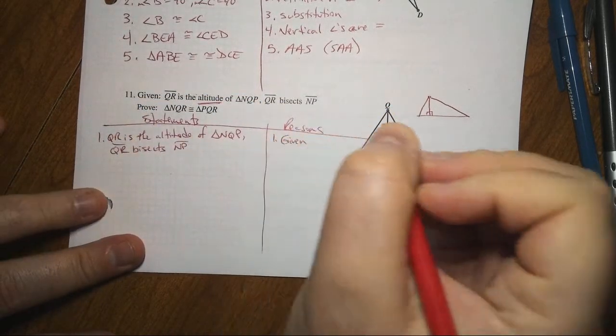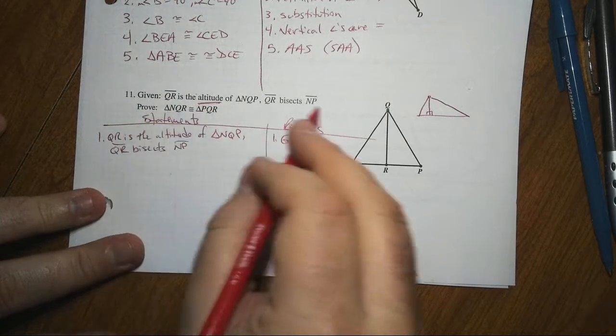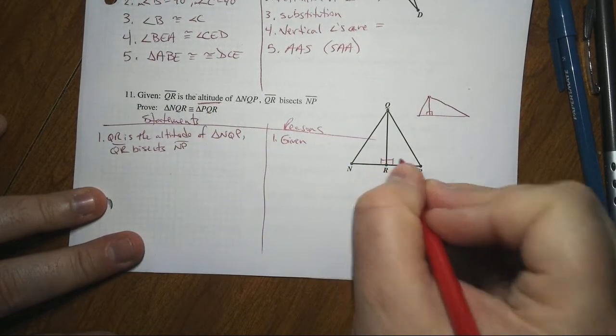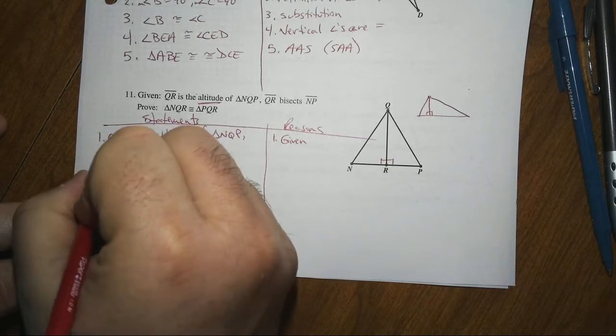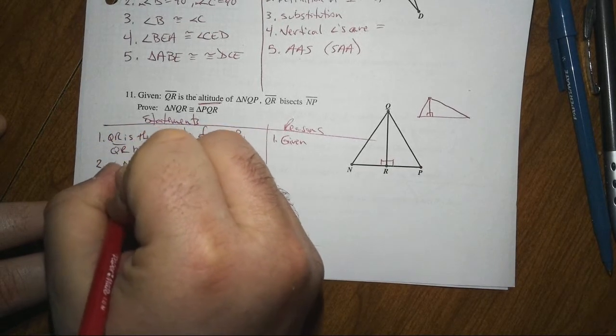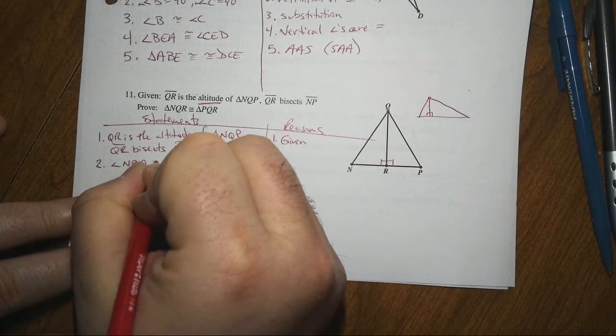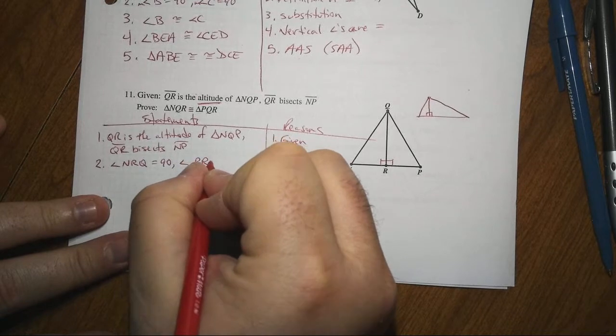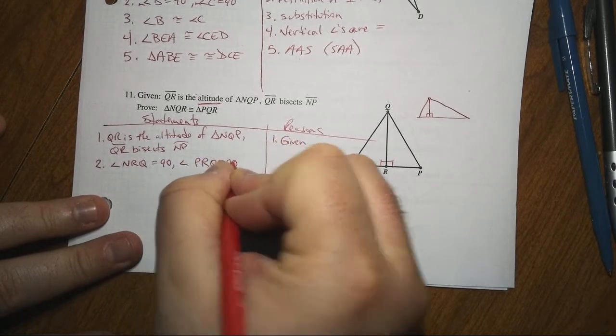Okay. All right. Anything congruent? No. Keywords, altitude. So altitude once again means that we have 90-degree angles. So we're going to throw down that angle NRQ is equal to 90, and then angle PRQ is equal to 90.